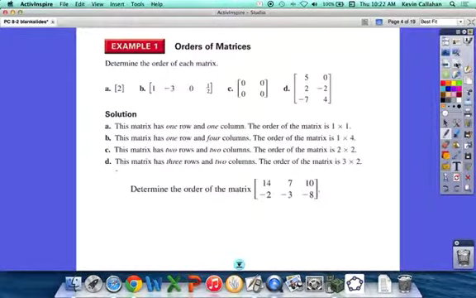Okay, so the order of a matrix is the number of rows times the number of columns. Not meaning you're going to multiply those together. You're going to write the number of rows, and then you write the x like a times, and then the number of columns.